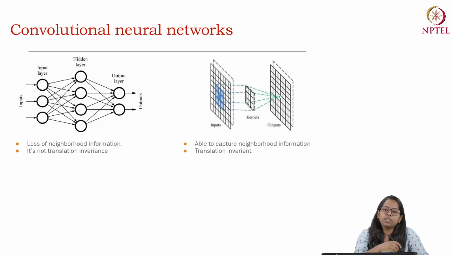Each data point is treated as an independent point in the space, which might be true for certain cases. But say, in an image classification task, suppose we want to identify whether an image contains a dog or not.